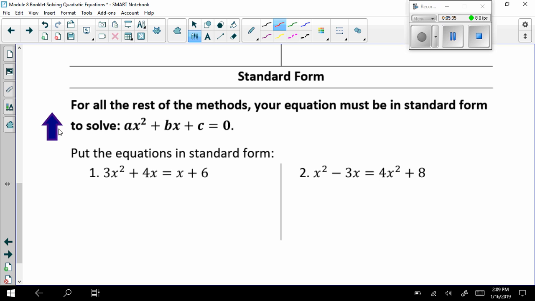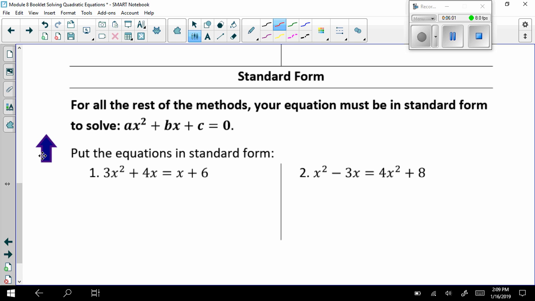Here's what I mean by it's not in standard form. I've got an x squared, I've got an x, I've got an x, and I've got a constant. What I want is 0 on this side. I want everything over on one side. Notice I'm not isolating my x squared because I also have an x. So I've got to get it to standard form so I can finish solving.